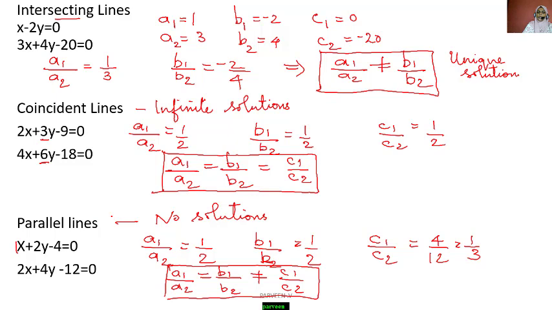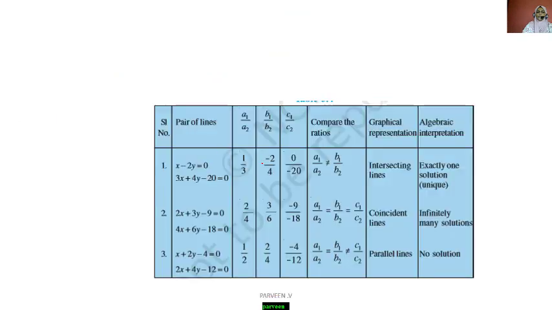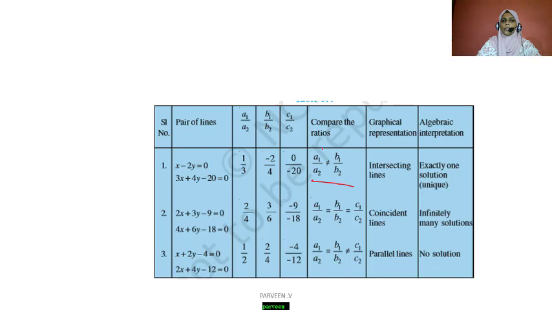We have consolidated that in a table here. You can see the first column a1 by a2, the second b1 by b2, then c1 by c2, the ratio comparison, and the graphical representation. For intersecting lines, a1 by a2 is not equal to b1 by b2 and there is exactly one, a unique solution.